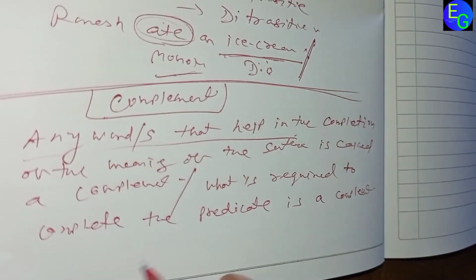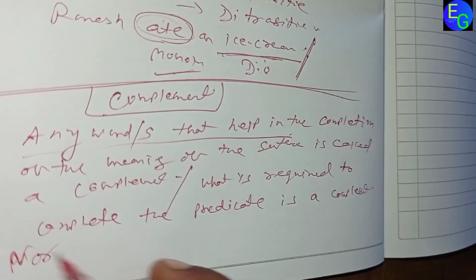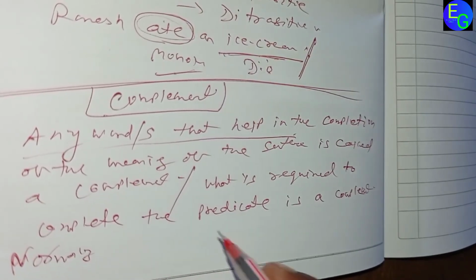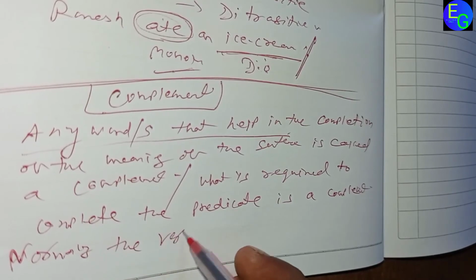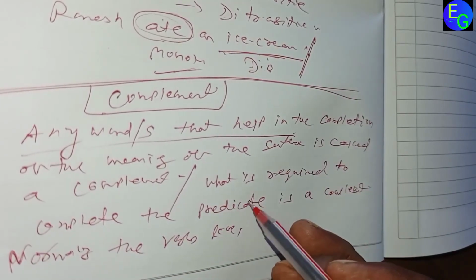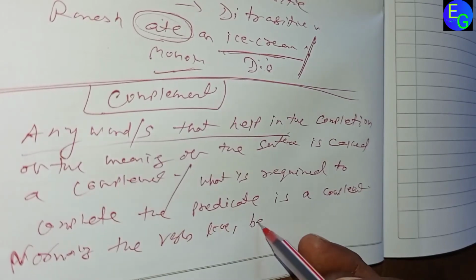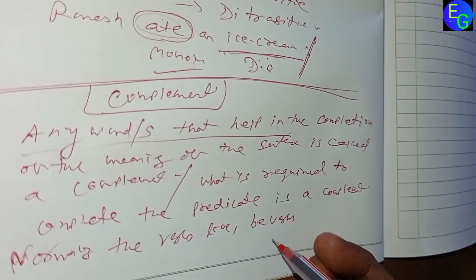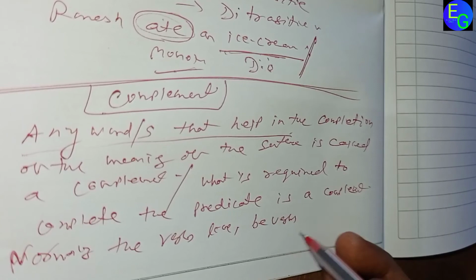Normally, verbs like be verbs. Remember, be verbs means is, am, are, was, were, etc.